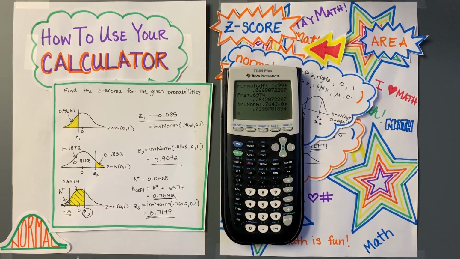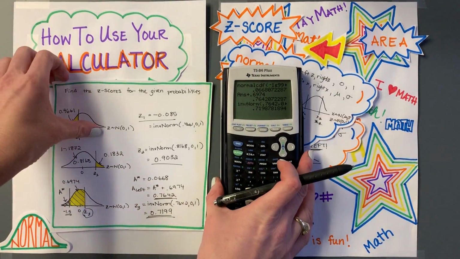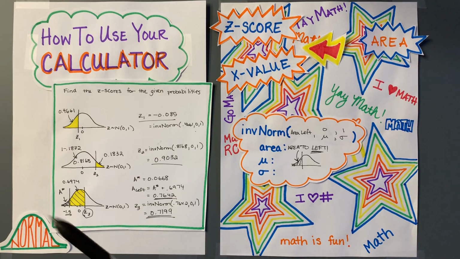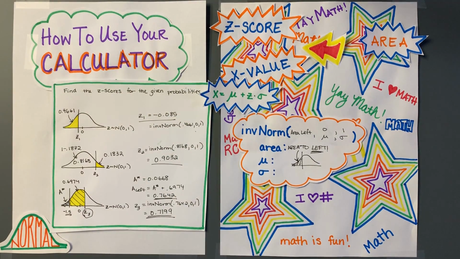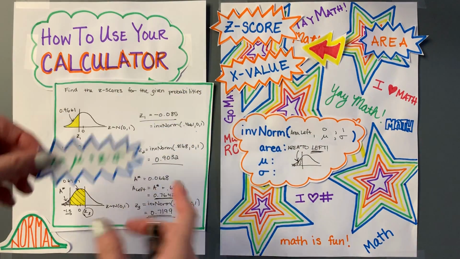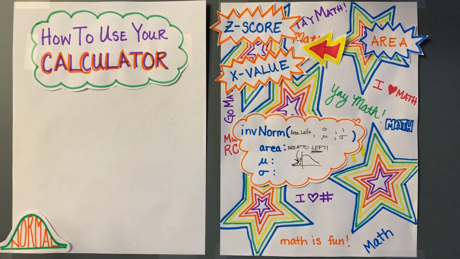You could round that to 0.72. So again, these questions were pretty straightforward and easy because I was just looking for a z-score. I wasn't looking for an x value. If I had been looking for an x value, I would need to take those and then use this formula to convert them into an x value, especially if I'd gotten these values from a table.